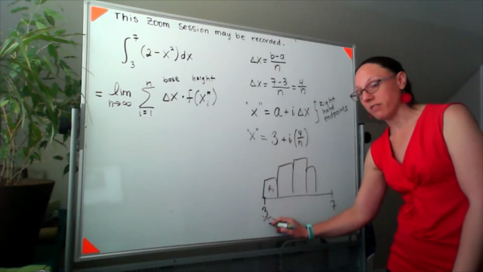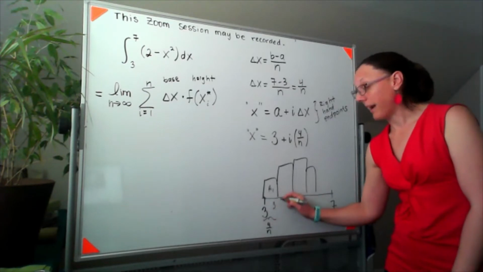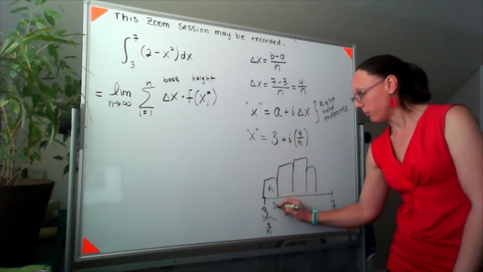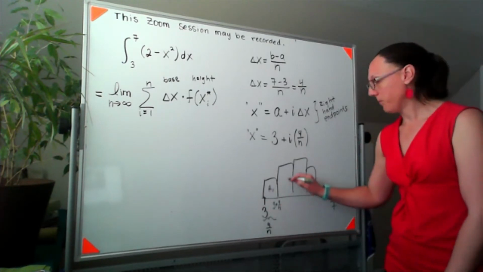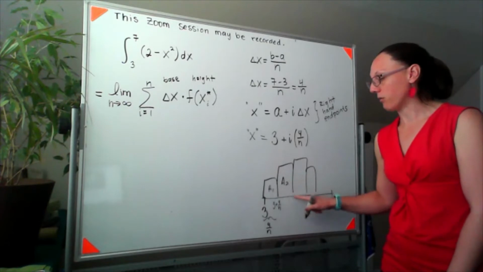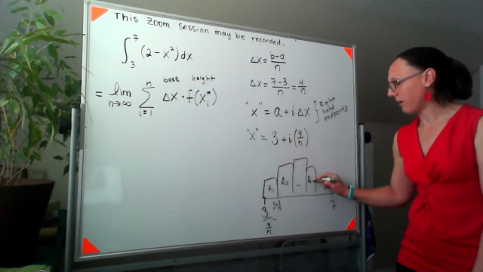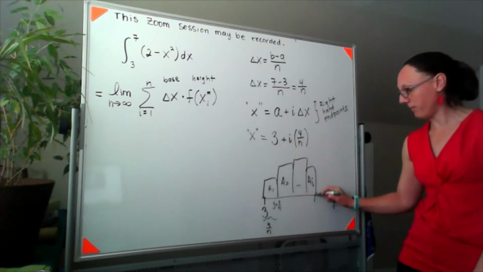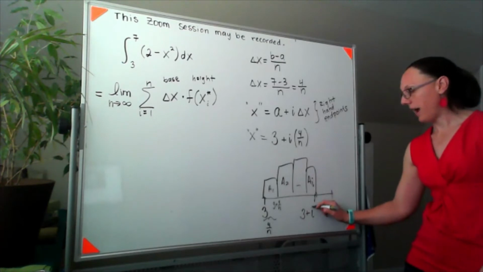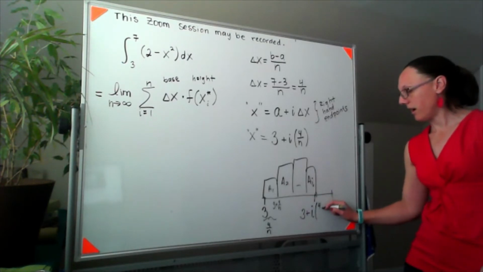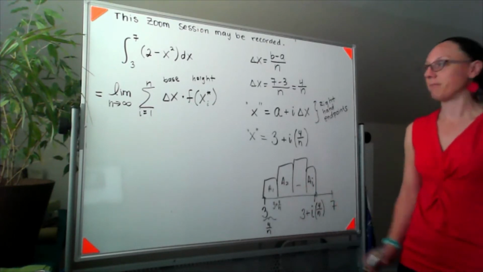I know that the width of that interval was 4 over n, which means my x value here is 3 plus 4 over n, because that's how far I've moved over. When I get to my second rectangle, I've moved over 2 of the 4 over n's. And by the time I get to my ith rectangle, I started at 3 and I've moved over i of my 4 over n increments.